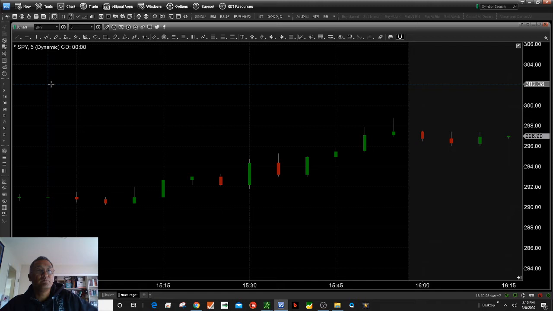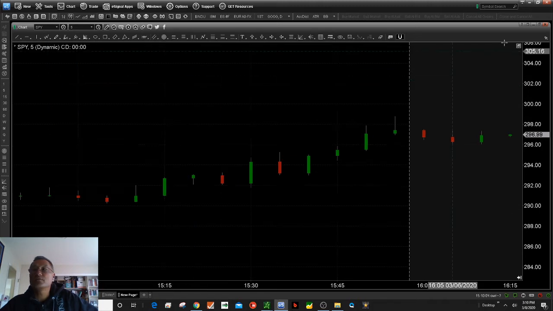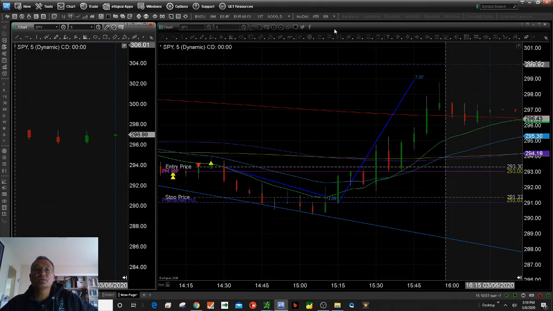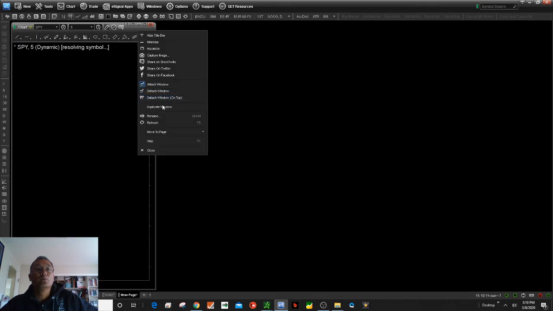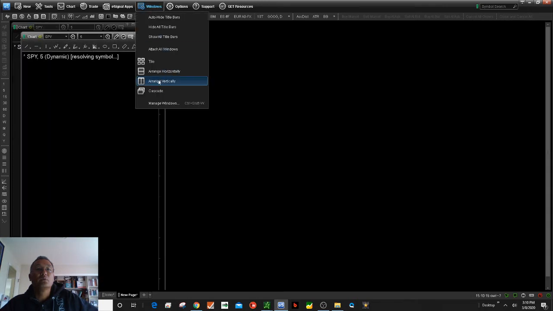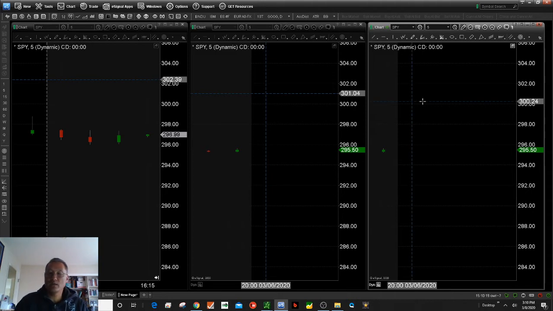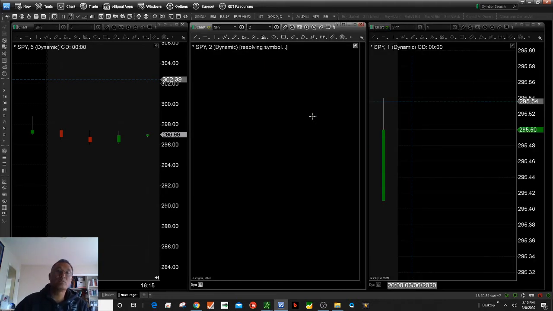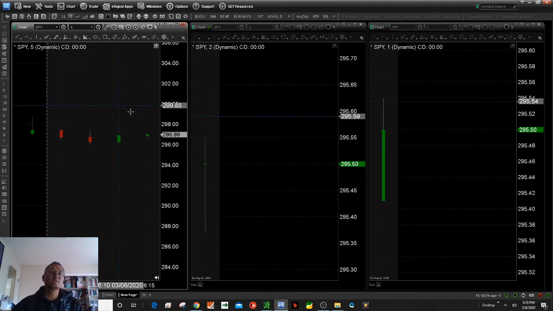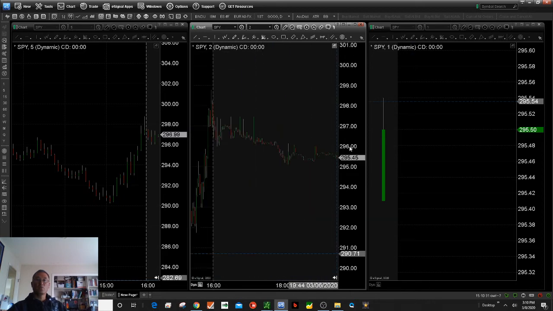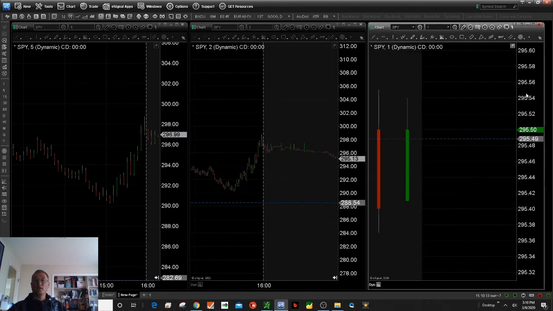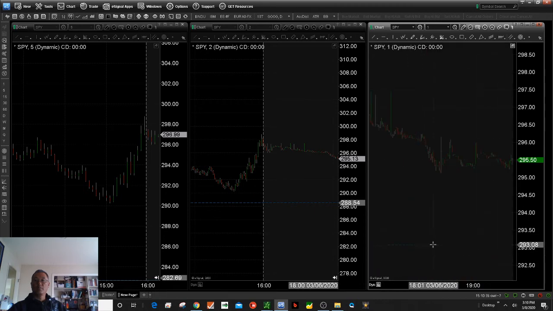Then, these are the time frames I like to use myself. So if we're going to do this, let's exit out of that. We're going to duplicate this window. So if I was actually day trading, one of my screens would probably look like this. I would have a 5-minute chart, a 2-minute chart open, and a 1-minute chart open.